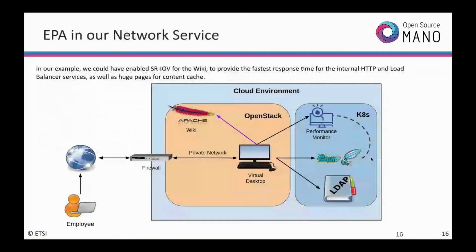In our example, there's not all that much here that we could enable SR-IOV for, but we could have enabled it right here between the virtual desktop and the Apache web server. So when the virtual desktop attaches to the private network, it could have attached to it using an SR-IOV capability, and that would have given us a little bit more performance talking to our web server and talking out to our firewall.